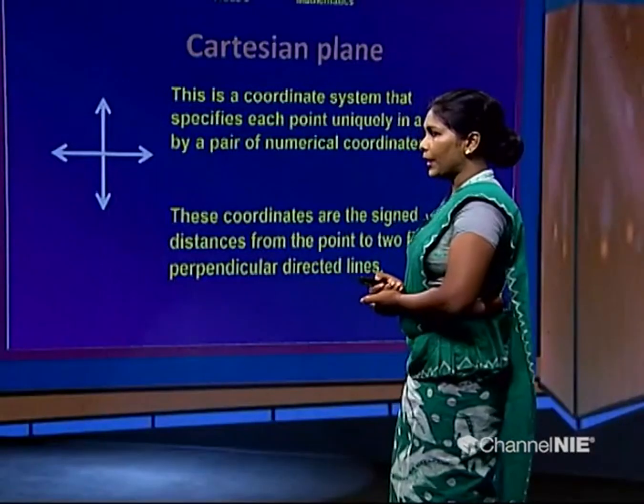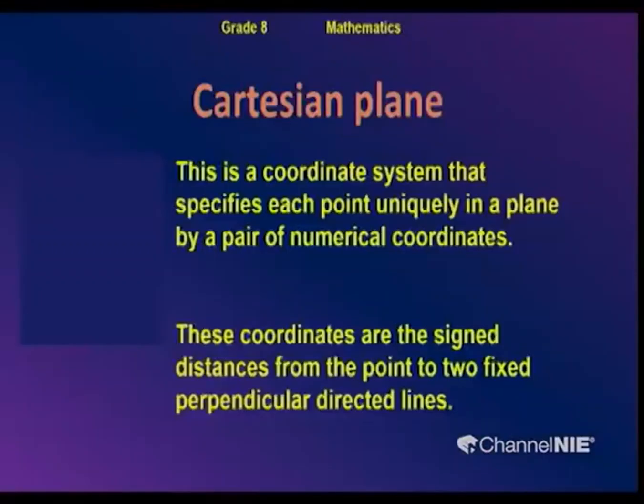Look at that. The Cartesian plane is a coordinate system that specifies each point uniquely in a plane by a pair of numerical coordinates. These coordinates are the assigned distances from the point to fixed perpendicular directed lines. There are two lines that intersect each other and are also perpendicular to each other.